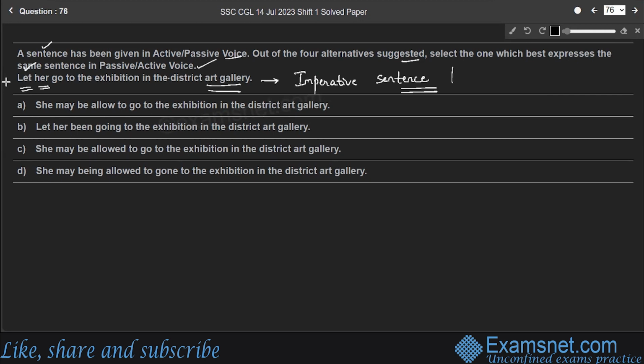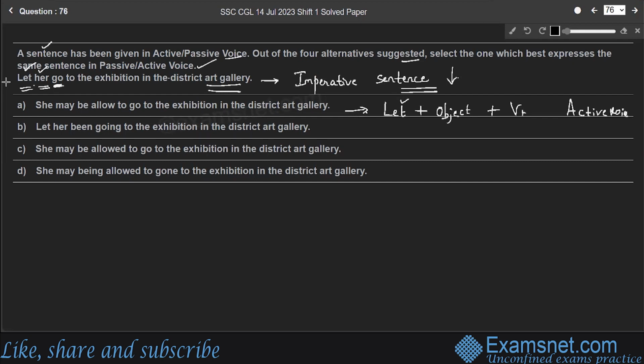So imperative sentences, when they are in the form of let plus object plus V1, that is present tense form of the verb, right? If the sentence is in this format, it is called active voice form of imperative sentence, right? Here in the given sentence, let her. So let plus her is object plus go is the present tense form of the verb, which is V1 form of the verb.